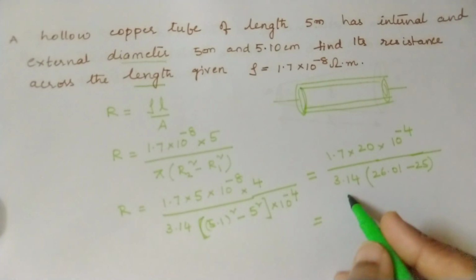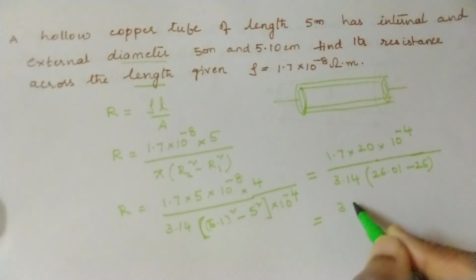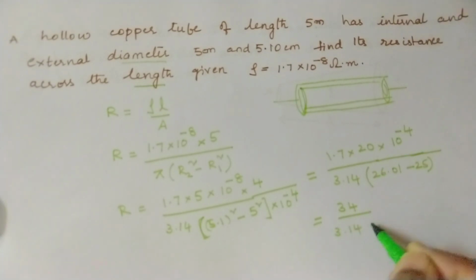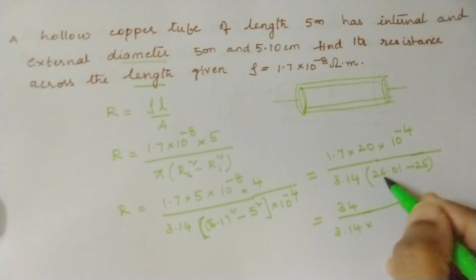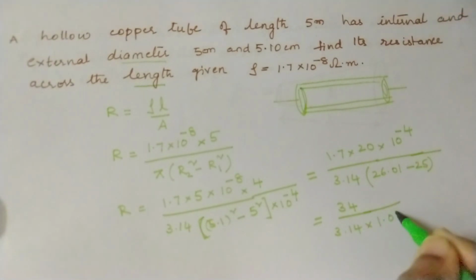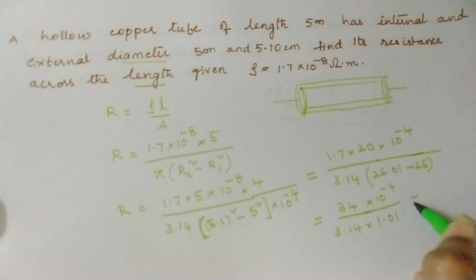1.7 into 20, that will be 3.4, that is 34 by 3.14 into 26.01 minus 25, which will be around 1.01 into 10 to the power minus 4, approximately.